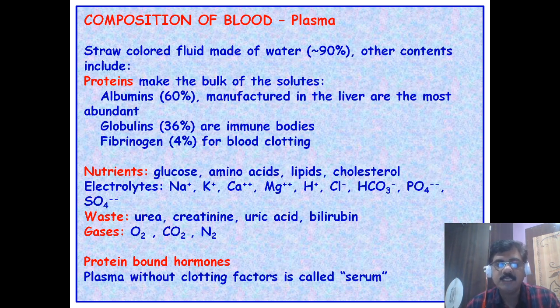The gases dissolved in the plasma are oxygen, CO2 and nitrogen. Protein bound hormones are also there in the plasma, and plasma without the clotting factor, fibrinogen, is called serum.